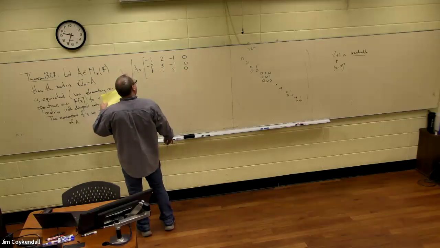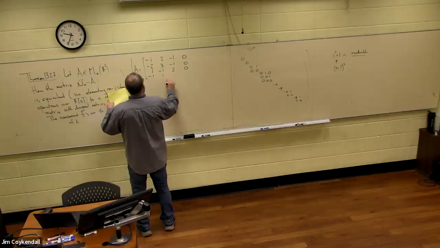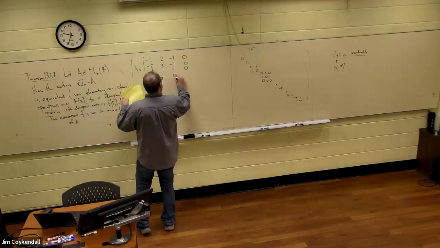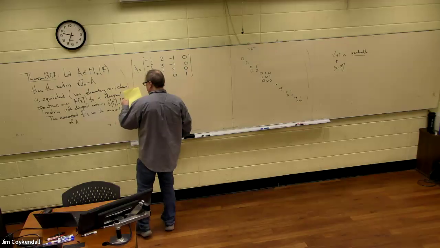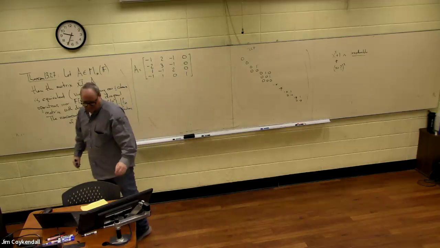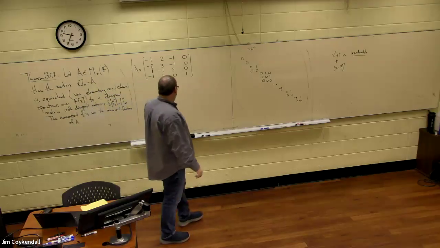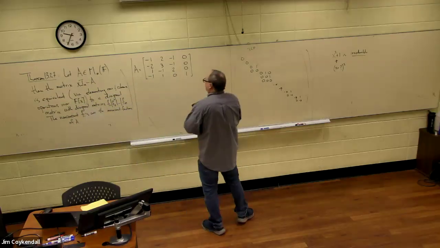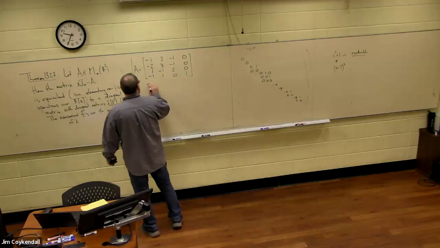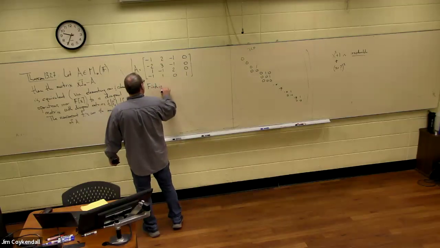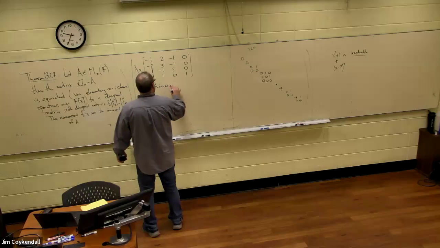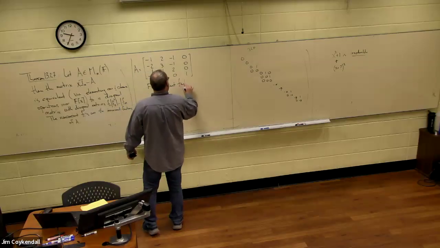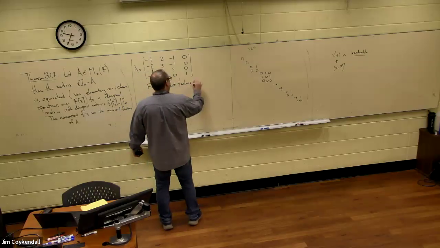I believe this is actually one of the matrices from your homework. So let's find the invariant factors. This is called Smith.